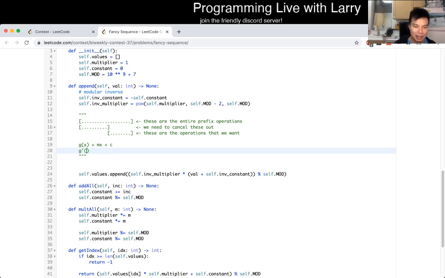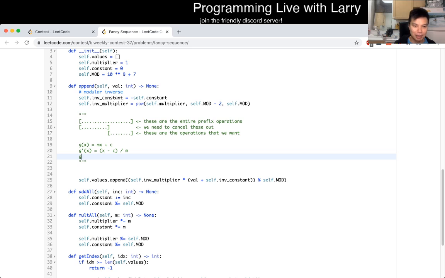So basically what this does is it takes this thing divided by m, and the inverse g sub x of g sub x is equal to x, right?